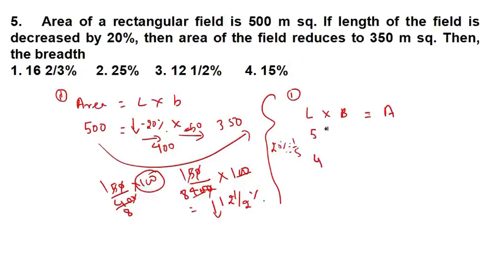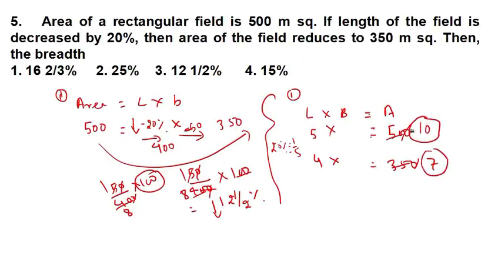And breadth is not mentioned, but here you cannot write 1 because area is given. Before area was 500, now area is 350. For simplicity, this 0 and 0 get cancelled. 5 10 times, 5 7 times. So before your area was 10, now your area becomes 7.